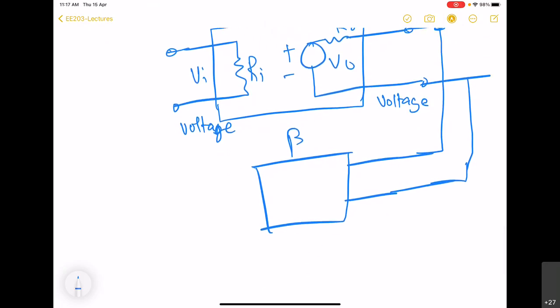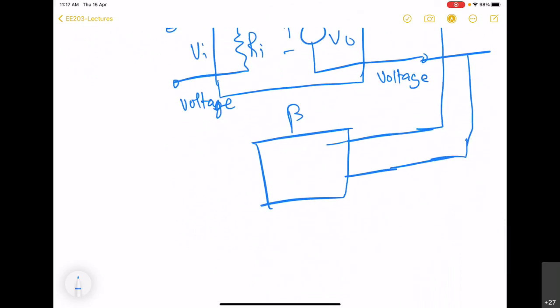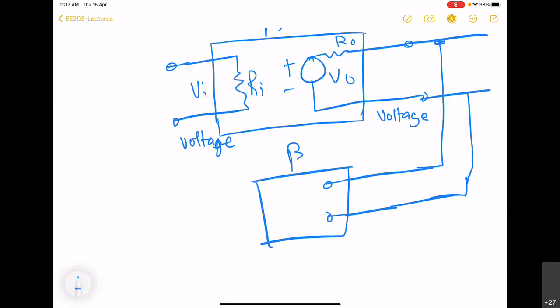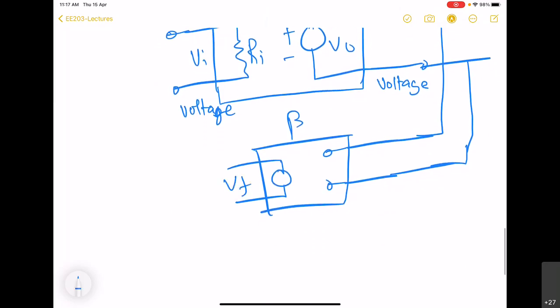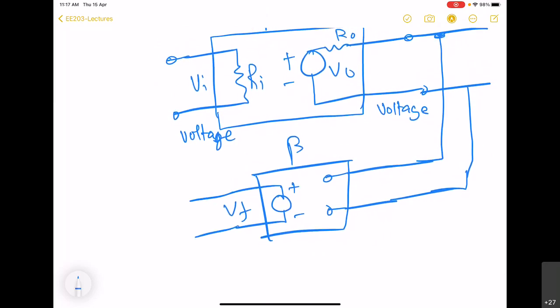And we are going to consider beta as the ideal network. So the input impedance has to be infinite. And on the output side, it is going to act like a voltage source. So it will produce VF, and this voltage is going to get added to the input one.